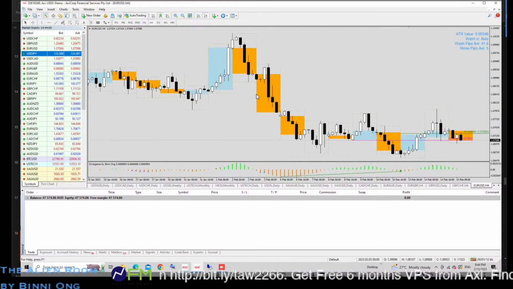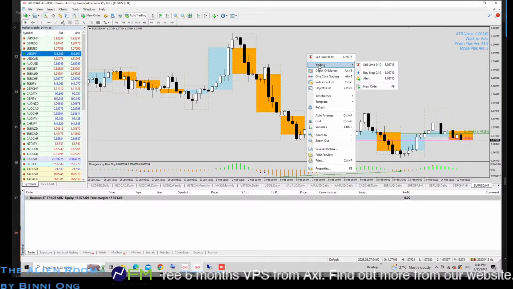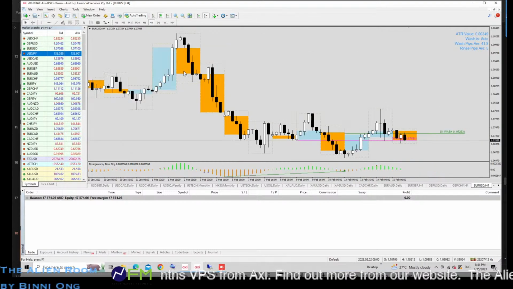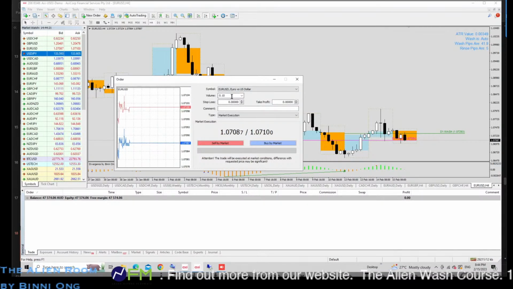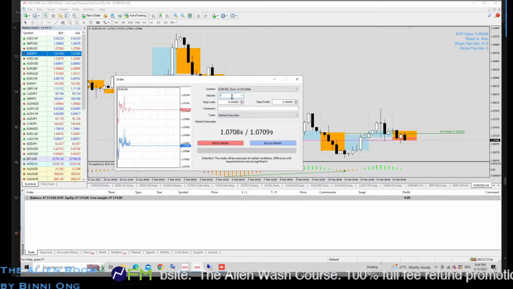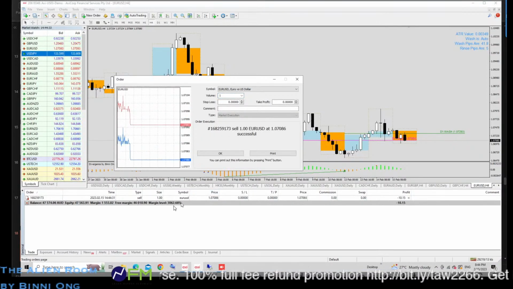Now I want to place a trade, as I said before. Always right click, and then you say I want to go for trading, or you press F9 on your keyboard. It should get you this new order. Then you key in the lot size that you want. Let's say I want to know how much margin is being consumed with one standard lot. You just press sell market, and it should be reflected inside here.